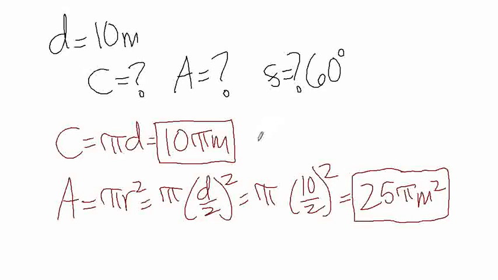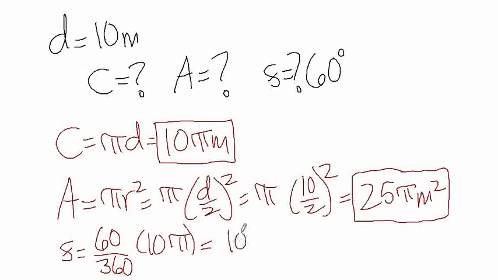And then for the arc length, if the corresponding central angle has a measure of 60 degrees, 60 over 360 is 1/6. So we're going to have to find 1/6 of the circumference. The circumference is 10 pi. So 10 pi over 6, or 5 pi over 3 meters.